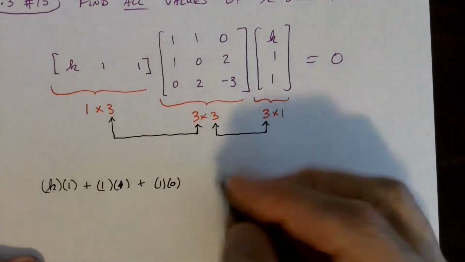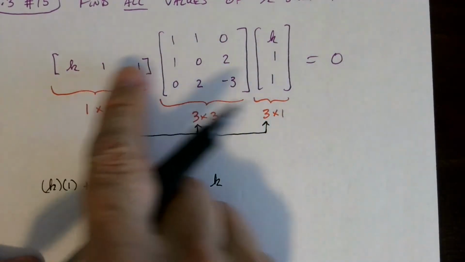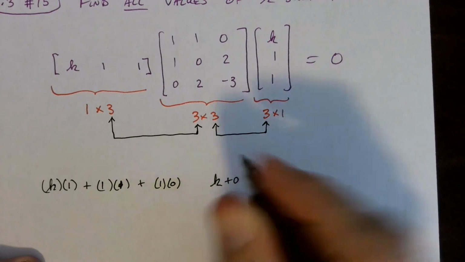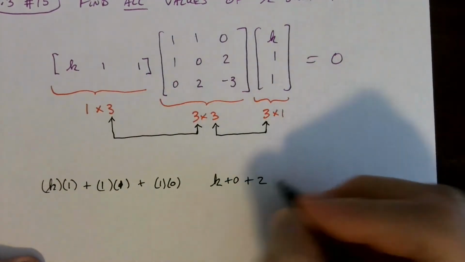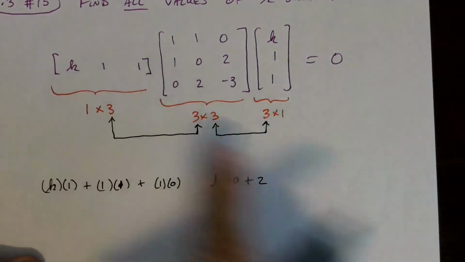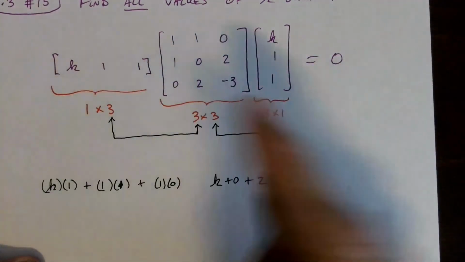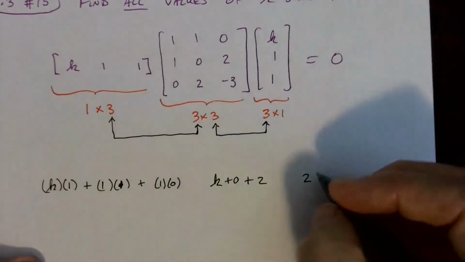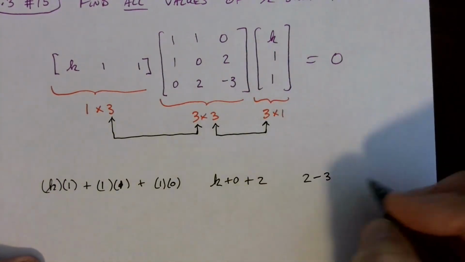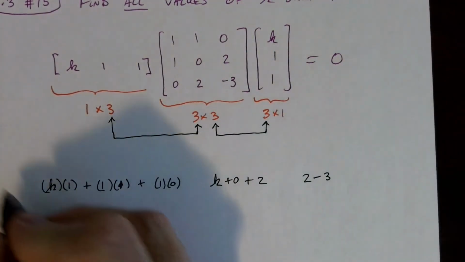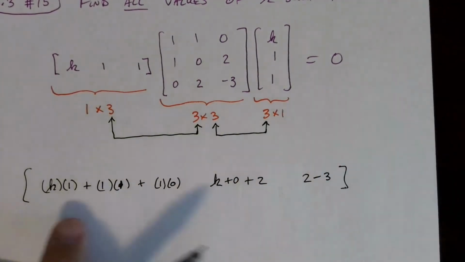K times 1 is K, 1 times 0 is 0, 1 times 2 is 2. And that's the second entry. Third entry, first row, third column: K times 0 is 0, 1 times 2 is 2, 1 times -3 is -3. Okay, and so that's my 1 by 3.